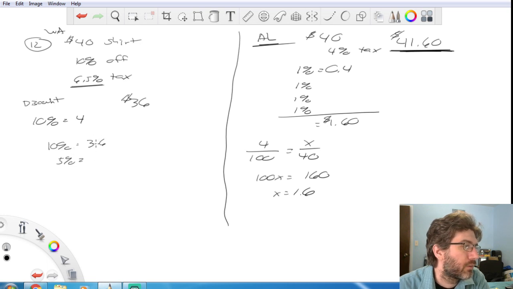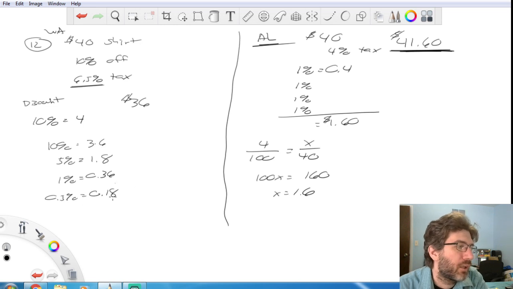Half of 36 is 18, so 1.8. To get 1%, move your decimal point twice, so that's 0.36. And to get 0.5%, you take half of this, which is 0.18.